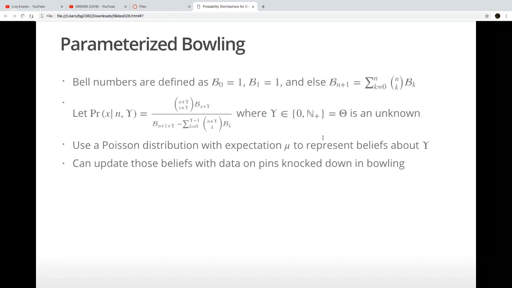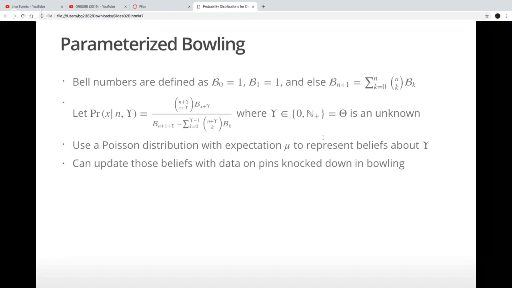So the parameter space theta and the sample space omega are similar conceptually. They're both sets. In this case, omega, the sample space for pins, is the integers between 0 and 10, whereas the parameter space theta is the non-negative integers.